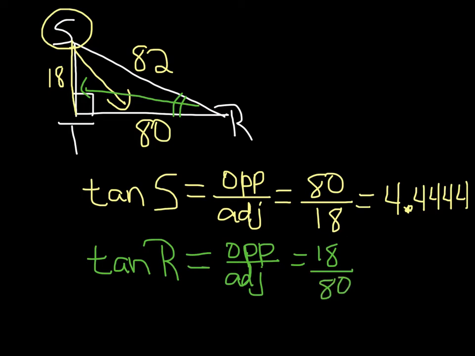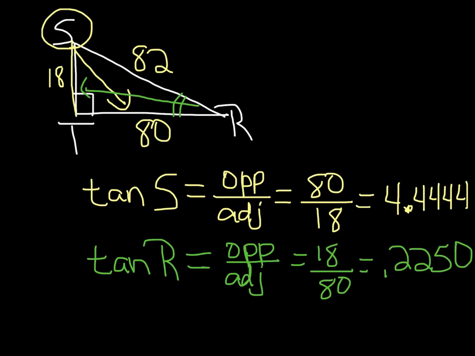Again, we can't use the hypotenuse in this because that specifically speaks to two other trig functions that we will learn in the next few days. But you use the opposite and the adjacent. Then when you divide that out, you're going to get 0.2250. And that is an example of your tangent ratio.